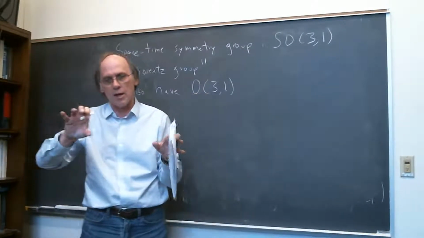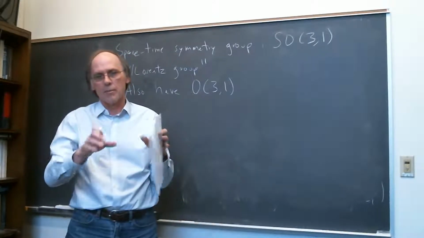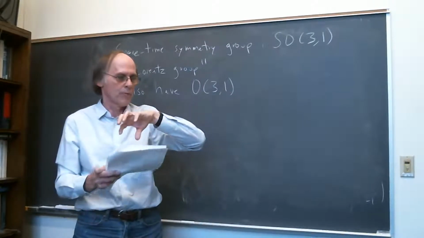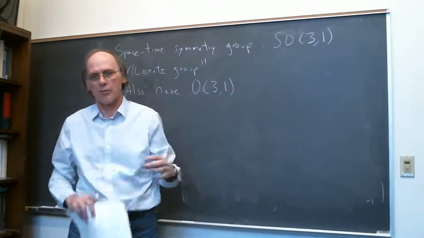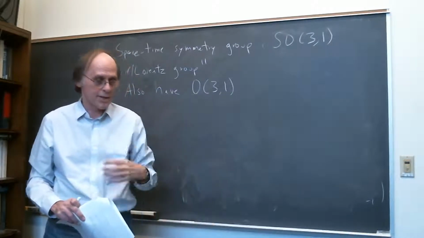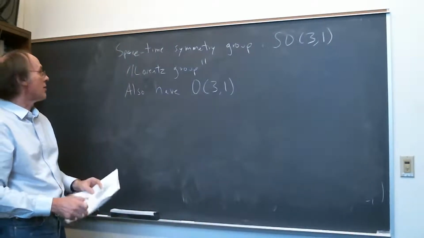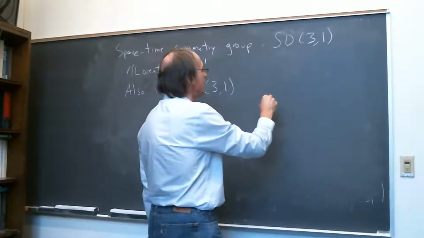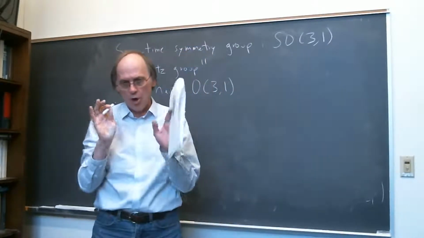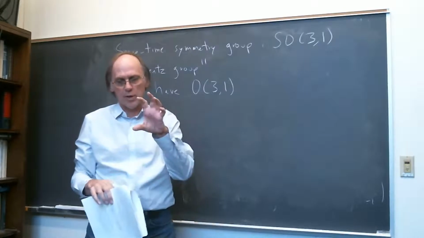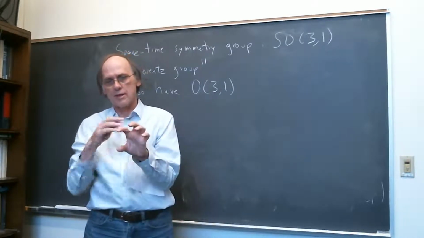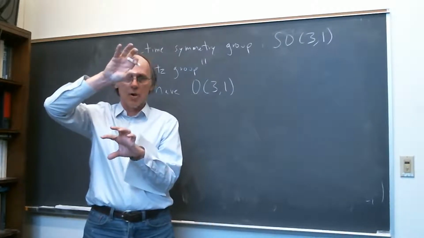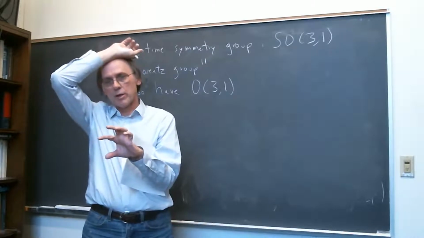These other components don't include the identity, and you get them by doing things like a mirror reflection, by changing all the components to a minus sign and changing the handedness. So here, in the case of ON, remember, I think we showed that there's really two: there's SON, which is the things that have determinant 1, and then there's another component of ON, which is the things that have determinant -1.